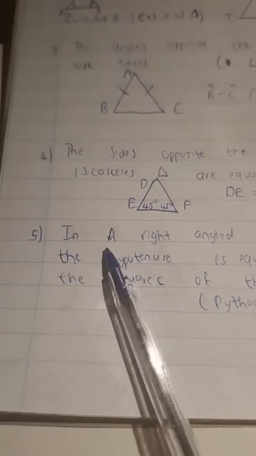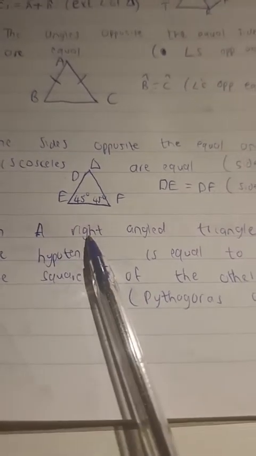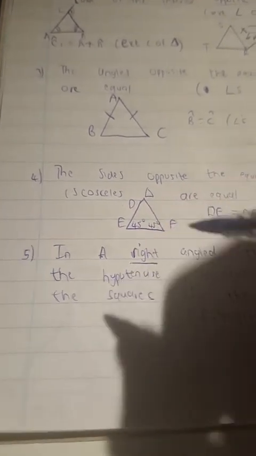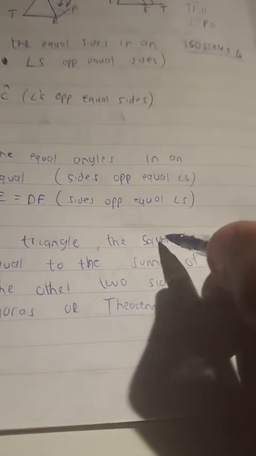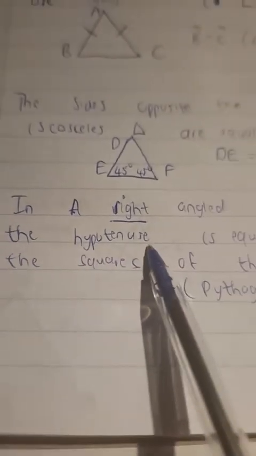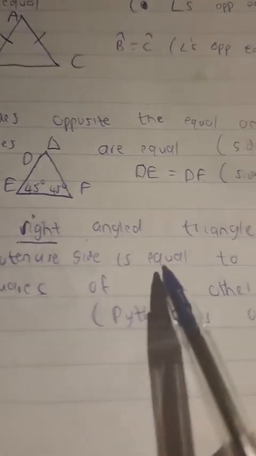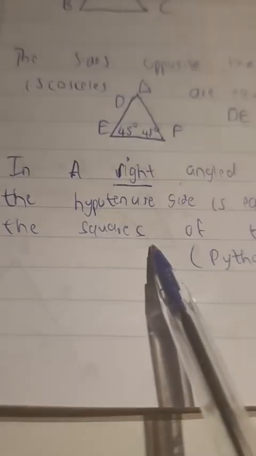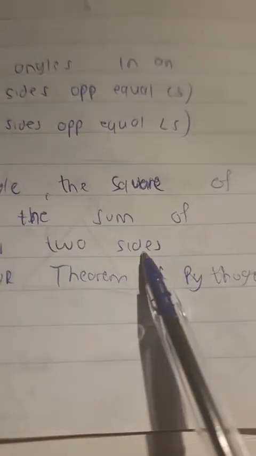Okay, moving right along. The second last statement that we need to know. In a right-angled triangle, the square of the hypotenuse side is equal to the sum of the squares of the other two sides.